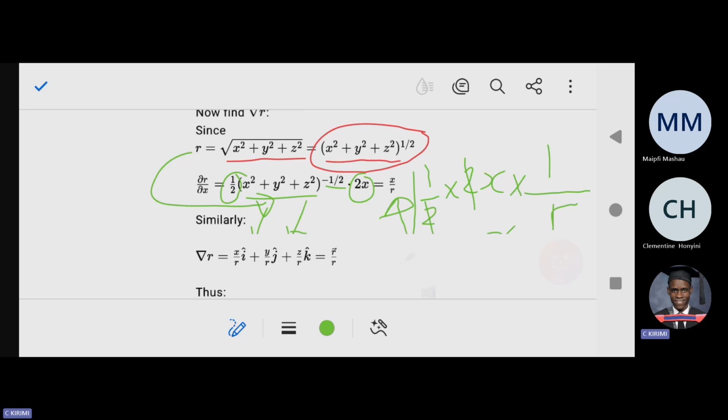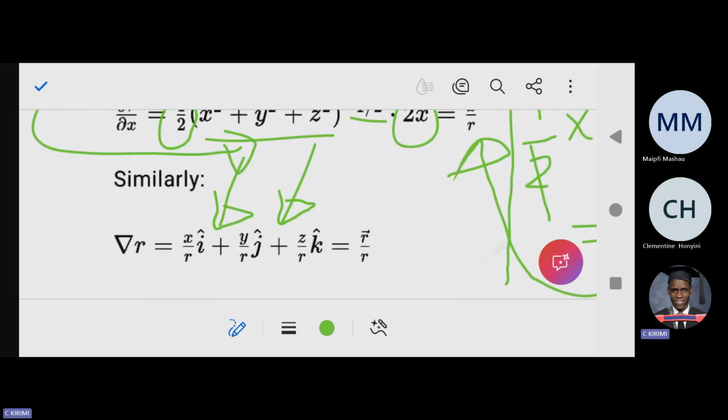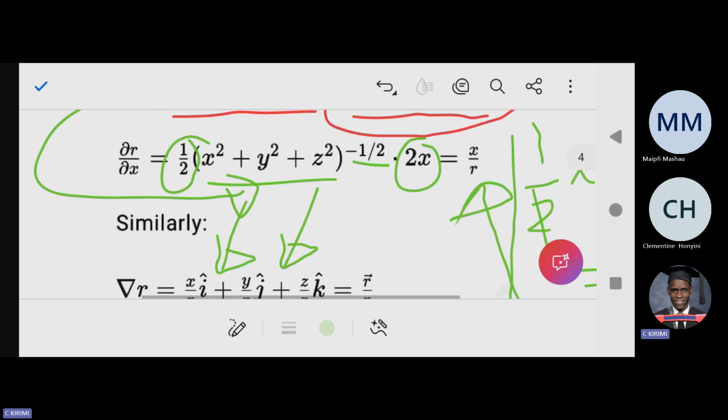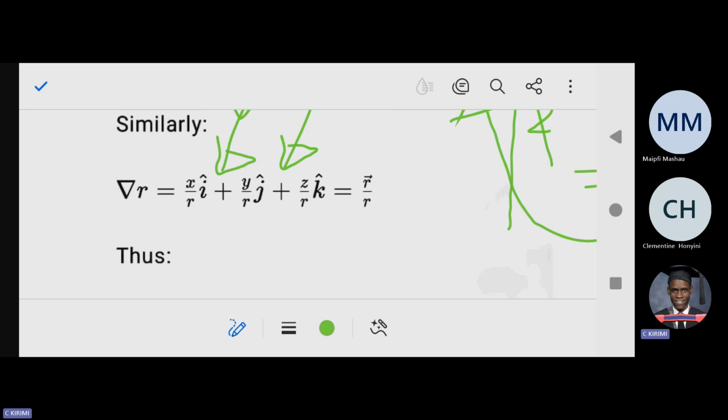Yes. So as a vector, we have x, y, z with a common factor there. Where did this come from? We want to verify. So our gradient, this partial derivative grad r, is equal to, r is common throughout, so it's 1 over r.